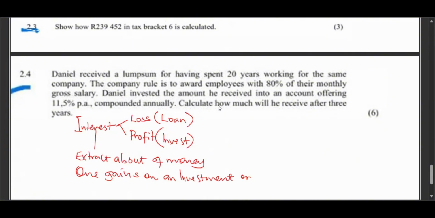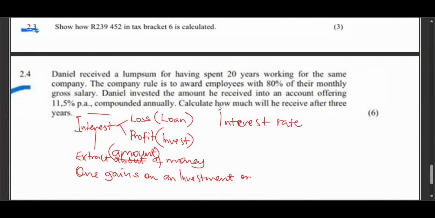Okay. Then there's another one. This interest is an extra amount of money, not about. Extra amount, all right? Then we have what we call the interest rate.